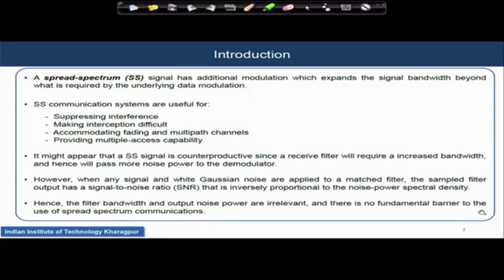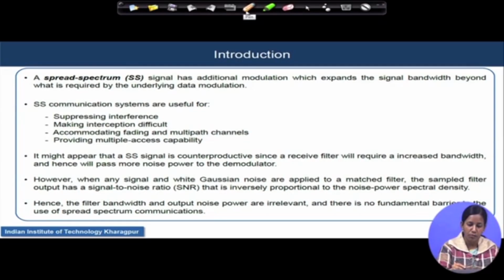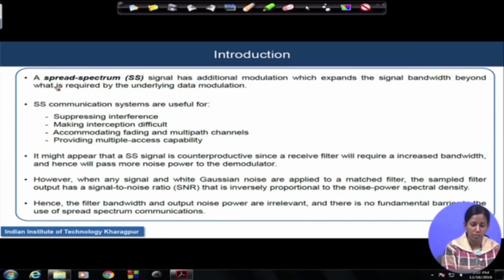As the name suggests, it is a spread spectrum communication system. Please check the term spread spectrum minutely. So, we are designing a system where we are playing with the spectrum of a signal, and as the name suggests, we are spreading the spectrum of the signal.